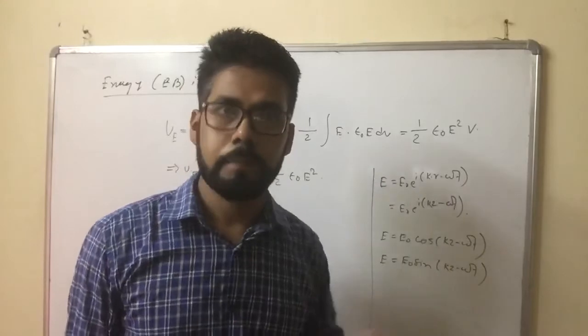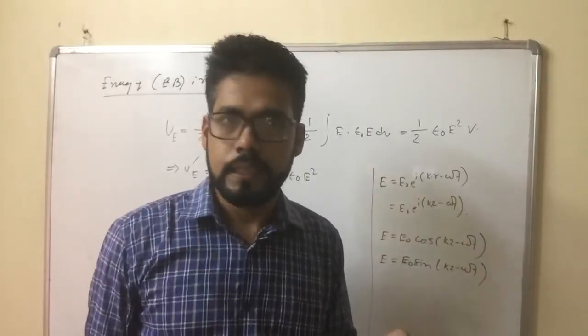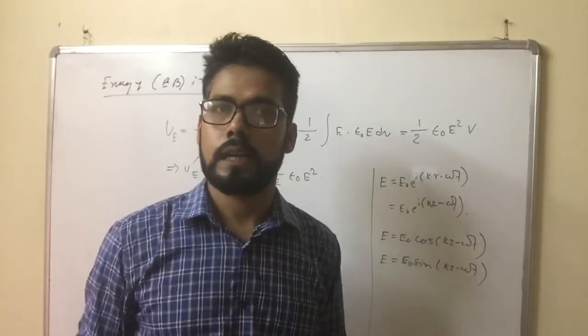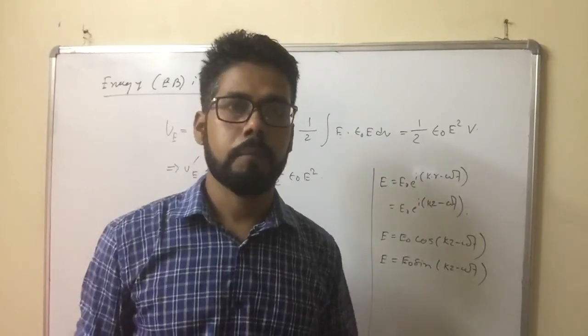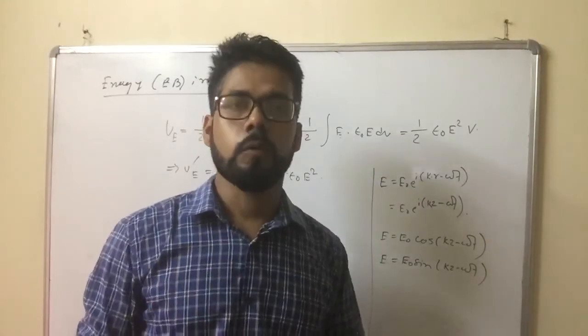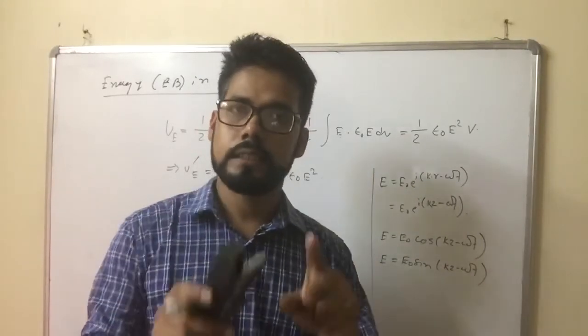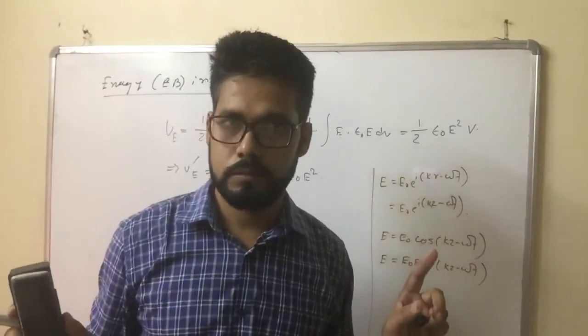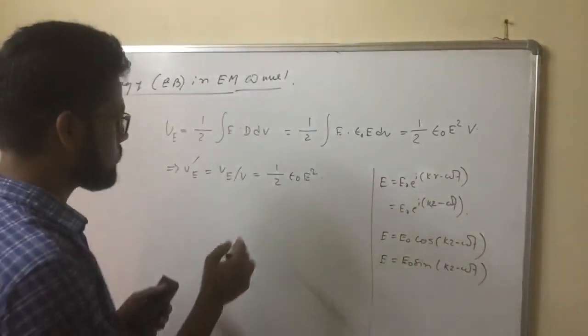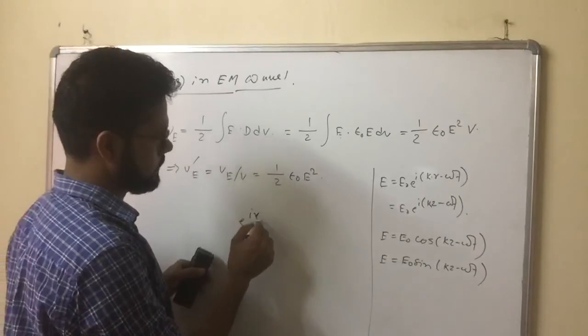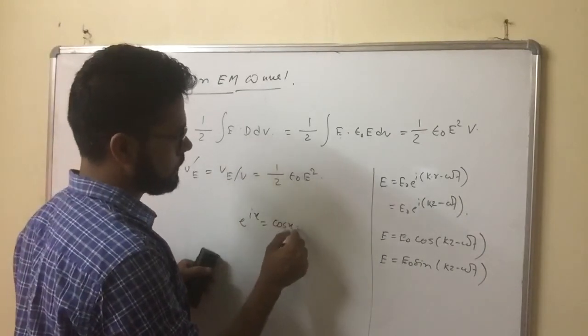What is a phasor? A phasor is a mathematical entity to simplify the mathematical calculation. It's nothing else. But whenever we do the calculation, we have to take the real part of the phasor form. Suppose e to the power ix equals cos x plus i sin x.